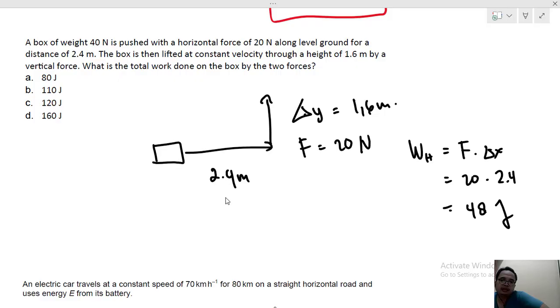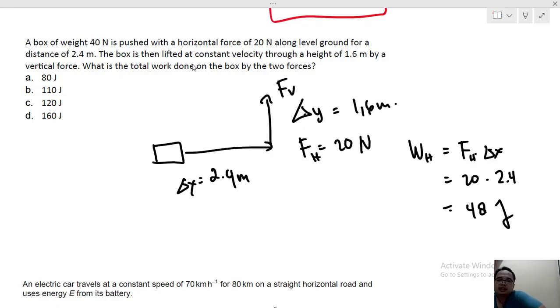It must be pulled by a force, so I will call it the vertical force, and this is the horizontal force.